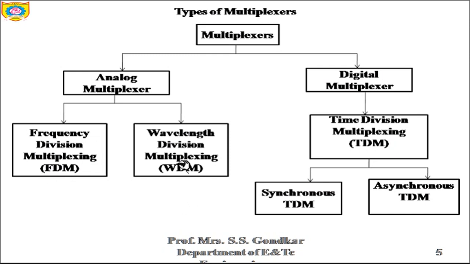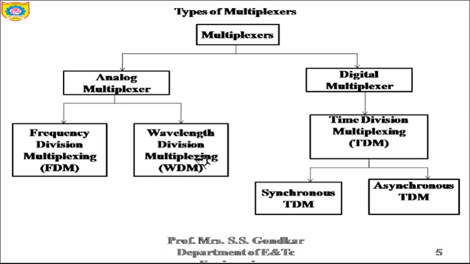whereas WDM is nothing but wavelength division multiplexing. Here the data streams are of different wavelengths and are transmitted in the light spectrum. In wavelength division multiplexing, as your wavelength increases, your frequency is going to decrease. It has an inverse relationship.